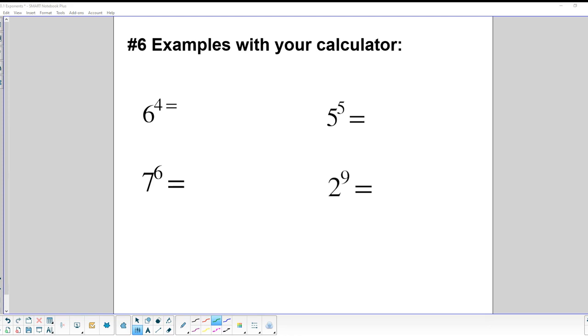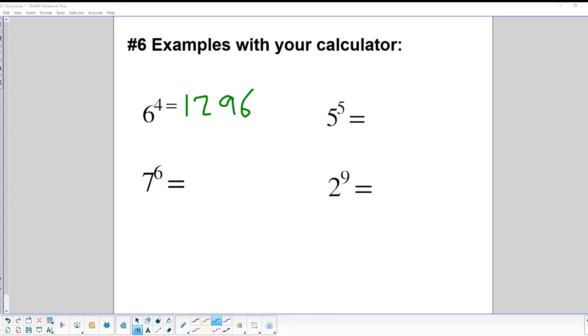Yours may just show the little upward facing arrow. So now I'm going to type in the number 4. So 6 to the 4th power, and I'm going to hit enter. And so that would just be 1296.